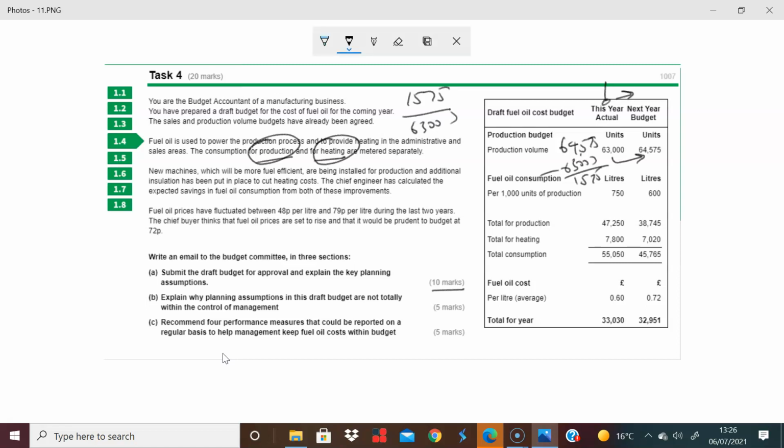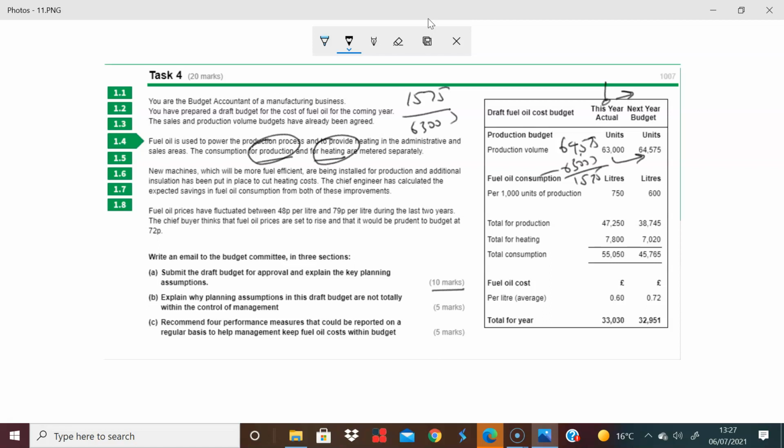Let me just do that very quickly on my calculator. 1,575 divided by 63,000 is 0.025. That's 2.5%. So we see a volume increase. Remember, this is a budget, so they are assuming or planning for a 2.5% increase in volume of production.